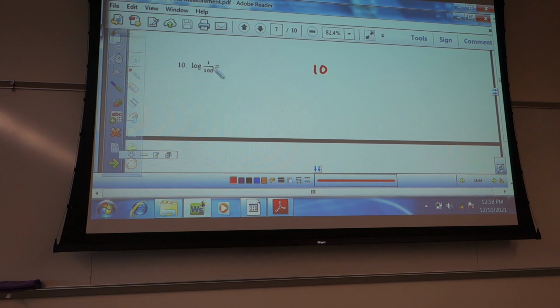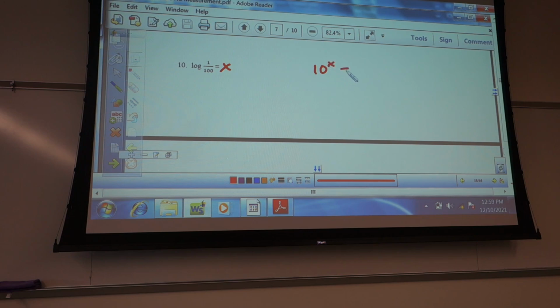If there's no base written, the base is 10. If you're not sure, if it says equals, just put an X there. So 10, what's my exponent? X. Great.